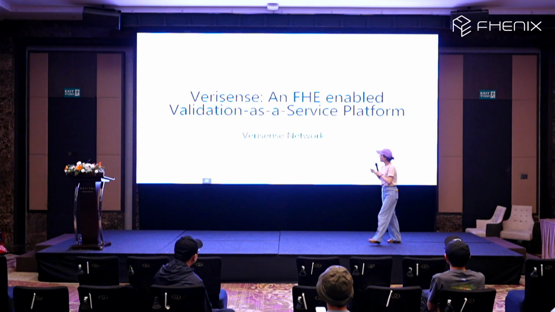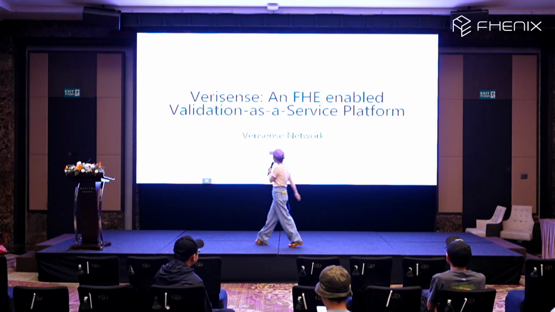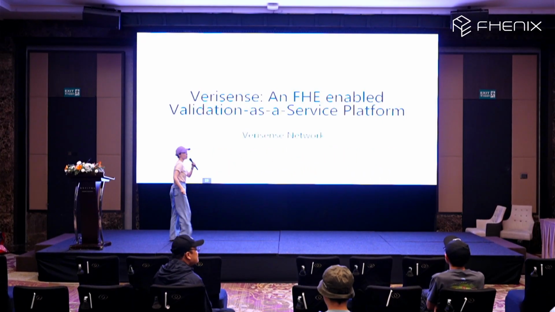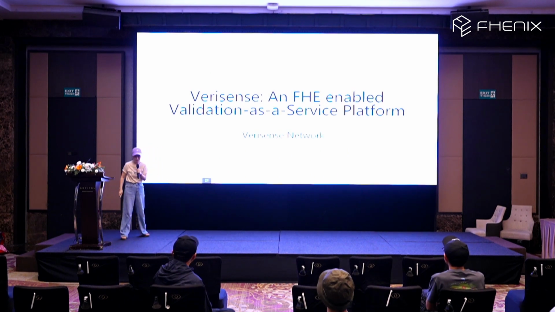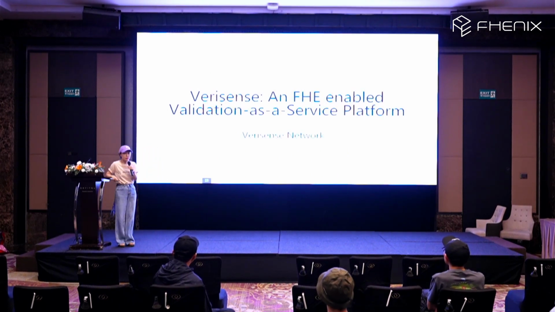Okay, sure. So Verisense is an FHE-enabled validation as a service platform. What does that mean? We're actually in the restaking track. We believe that Eigenlayer started at chapter 1, but really just opened the book and displayed an interesting real use case that validated the business model.